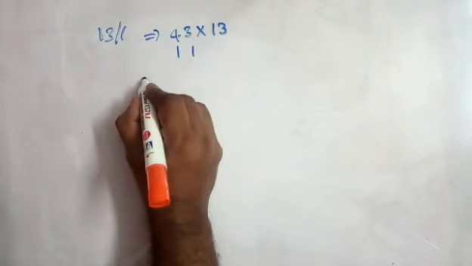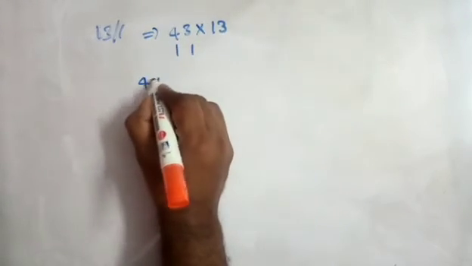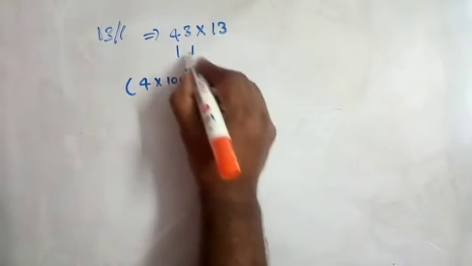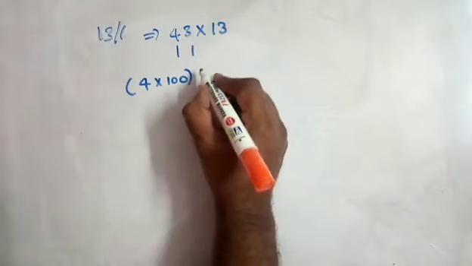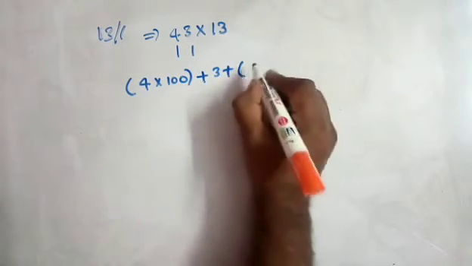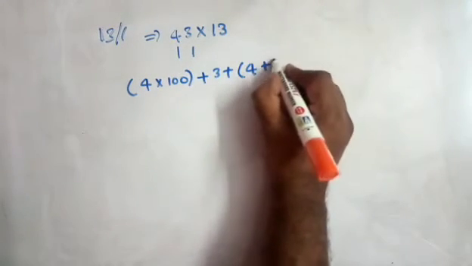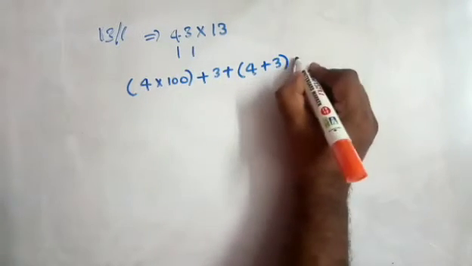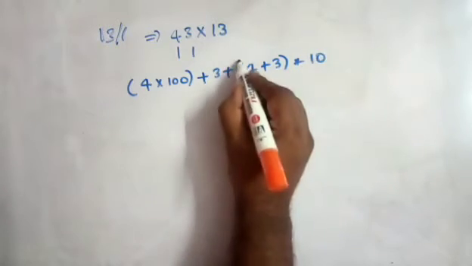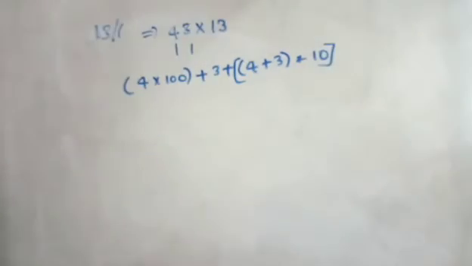I'll just write it like this. 4 I'll multiply with 100, plus I will take 3 as it is, then I will add 4 plus 3, then multiply with 10. So this will be the first notation.